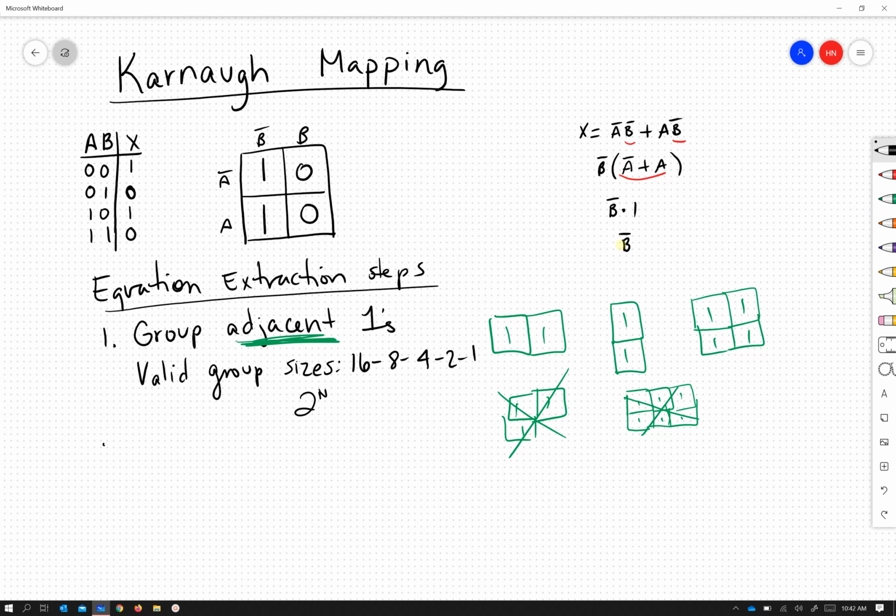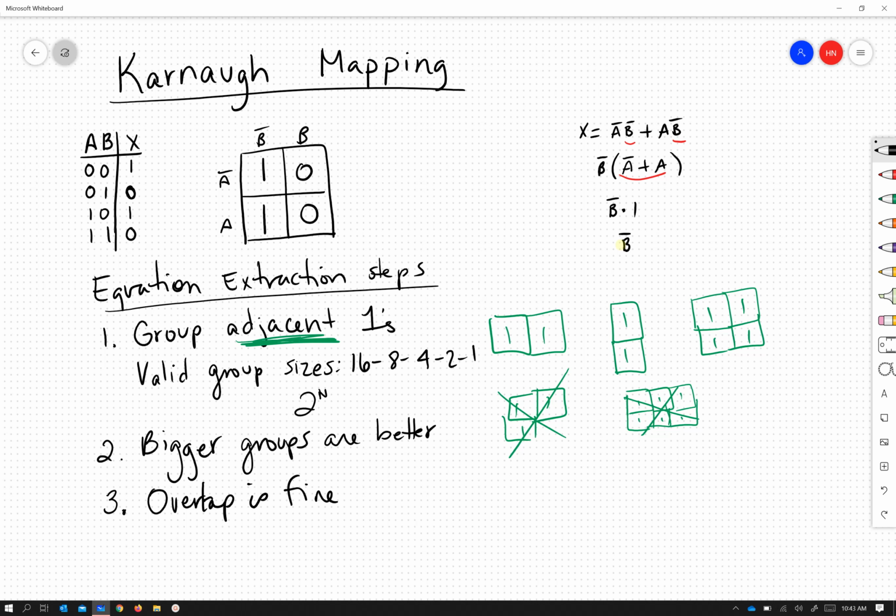Okay, the next thing to remember is that bigger is better. Bigger groups are better. If you can make a group of 4 or a group of 8, 8 is better than 4. And I'll show you some examples. The other one is that overlap is okay. Overlap is fine.